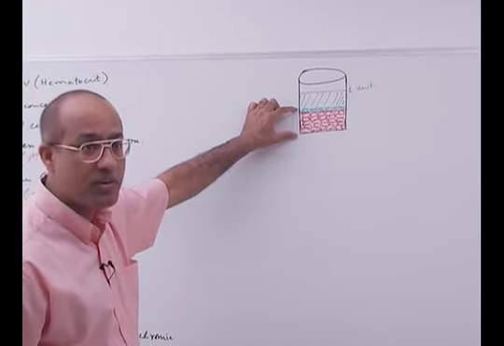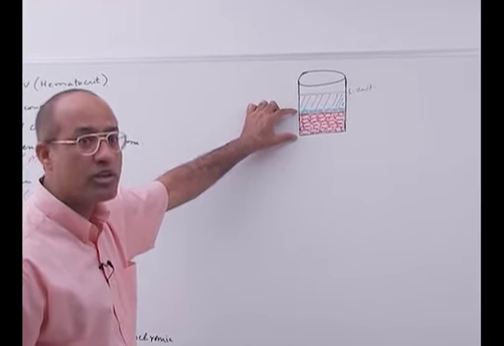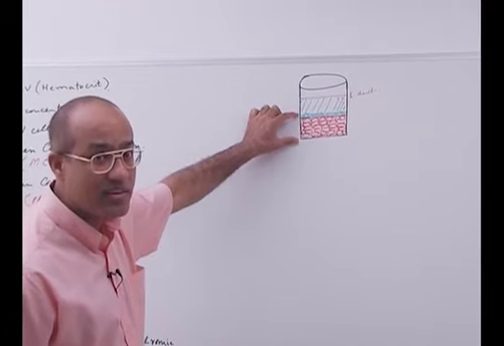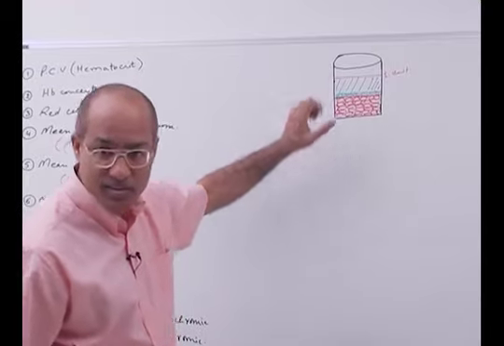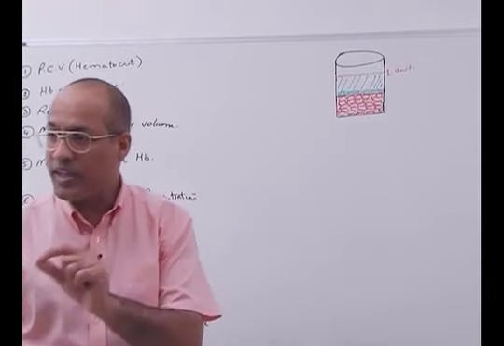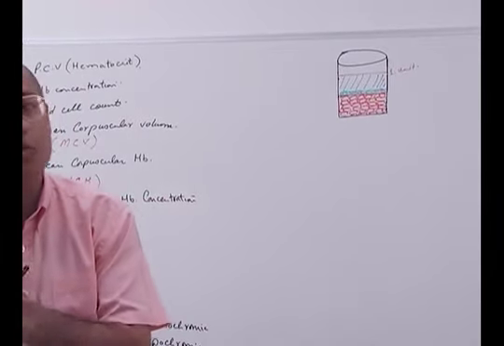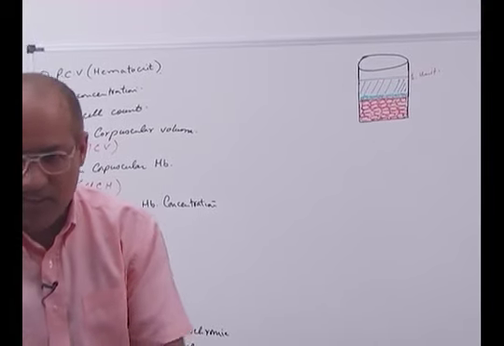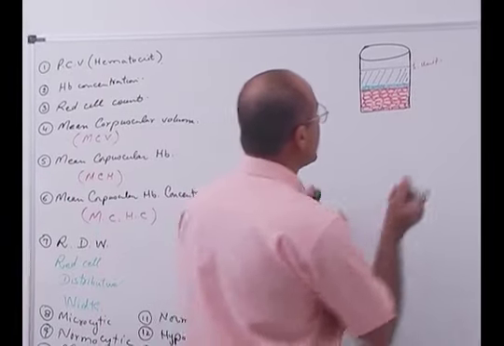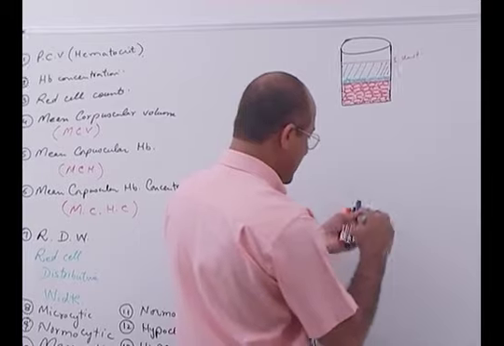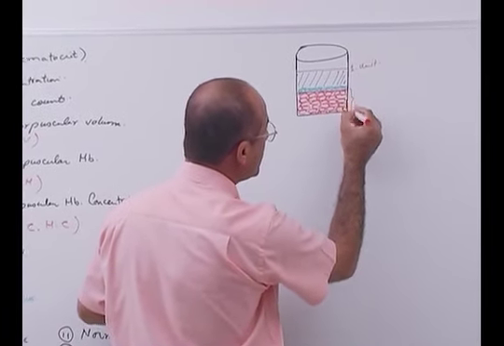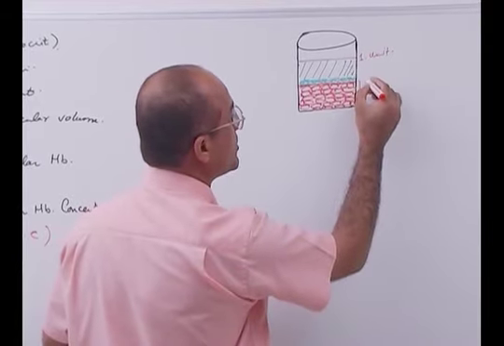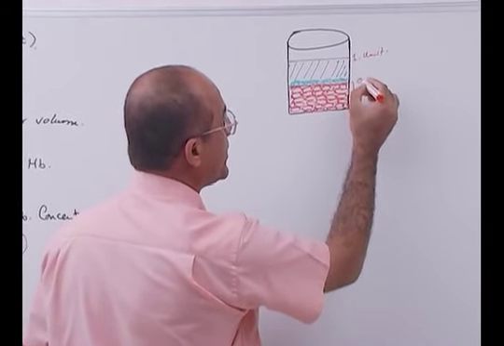Usually in a healthy person, about 40 to 50% of the volume of the blood is occupied by cells, and they are mostly red blood cells. So out of this 1 unit, all this is present here. Let us suppose it is 0.45.